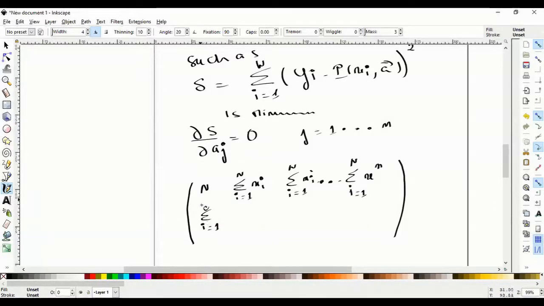This is for the first line. For the second line, xi, the sum of i equals 1 till n xi squared. Here it would be xi cubed.